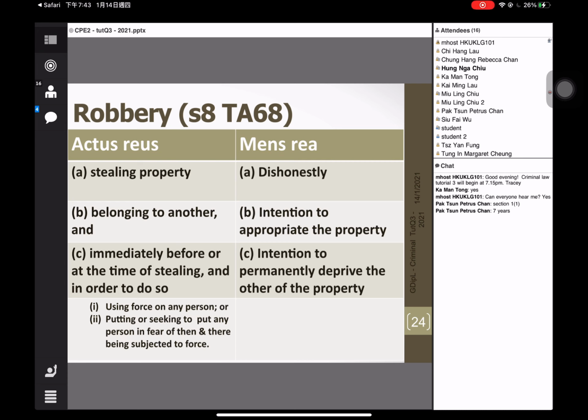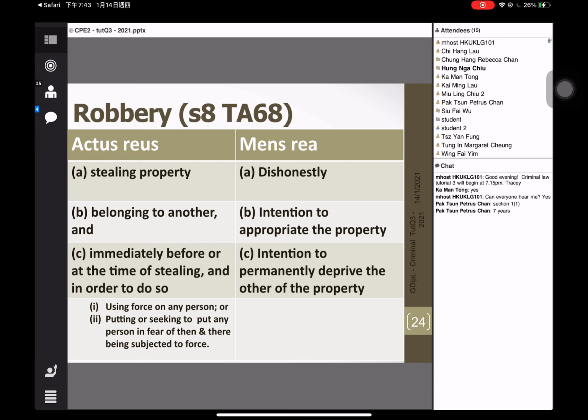So the robbery is limited in scope to use of force or seeking or putting someone in fear of force being used. It's limited to the time immediately before at the time of stealing, and in order to do so. And it's got to be in order to steal.